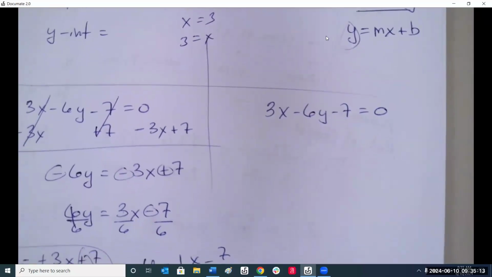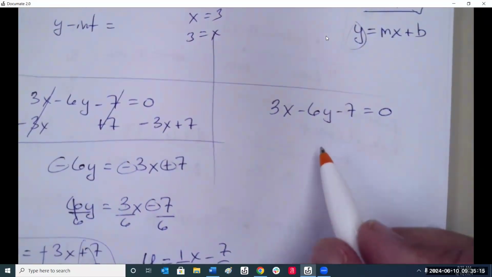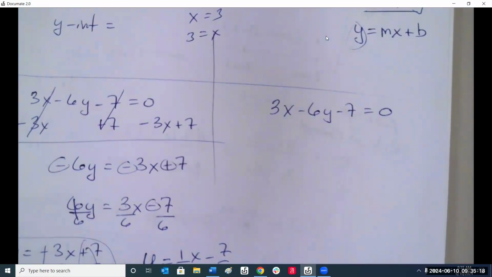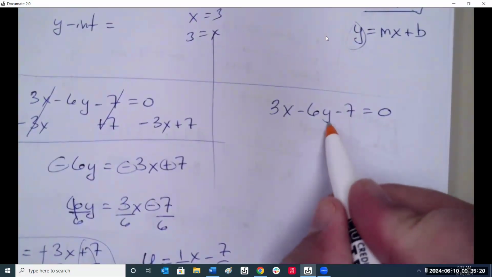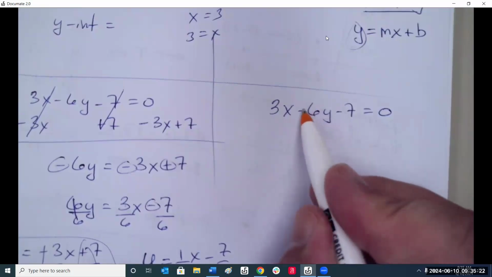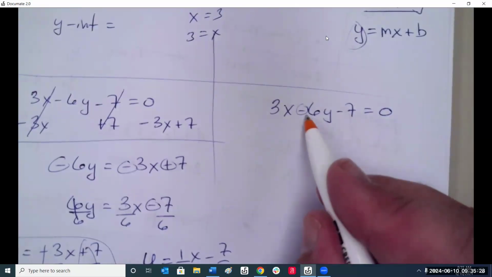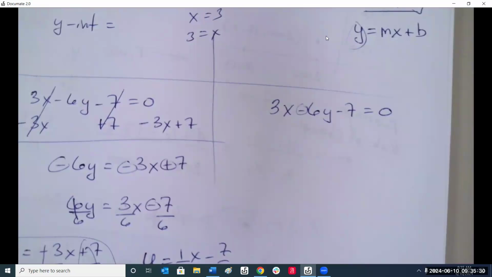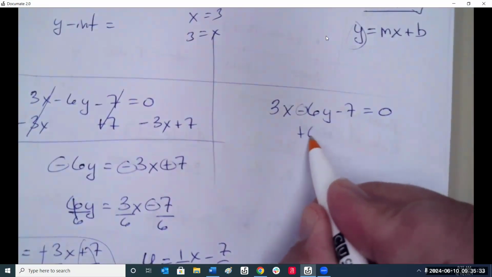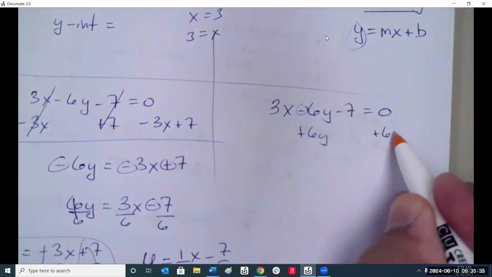So it doesn't matter where it is. Here's what you should do. Since you're solving for y, and it's over here, and it's got a negative, move that over. How would you move negative 6y over? Add 6y to both sides.